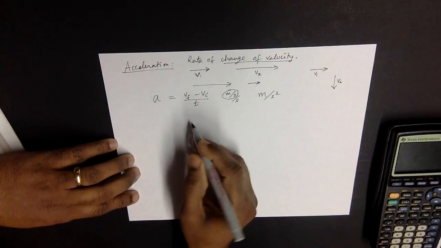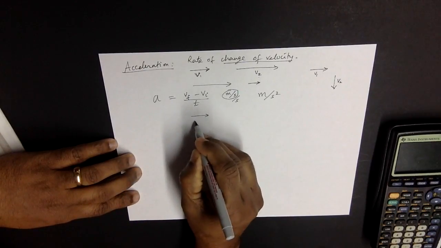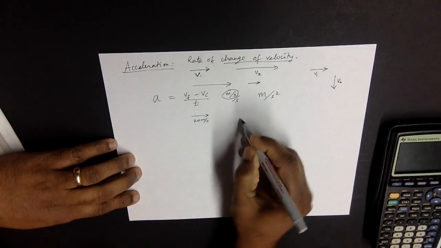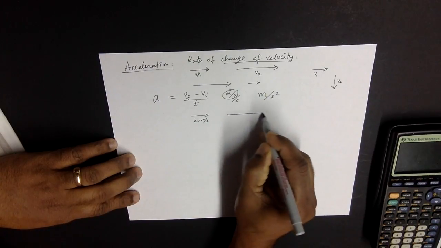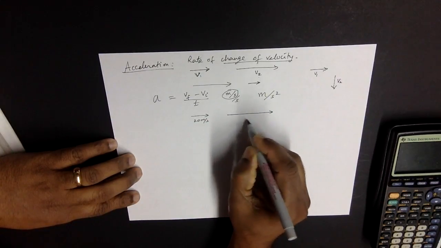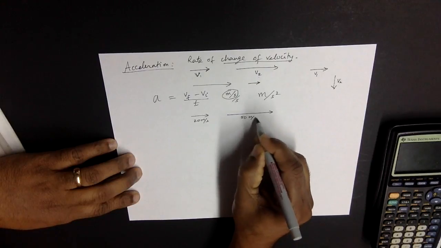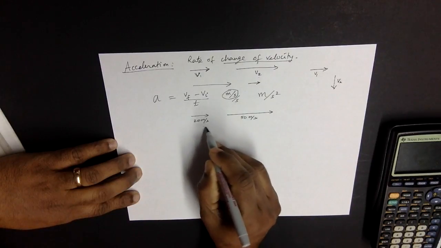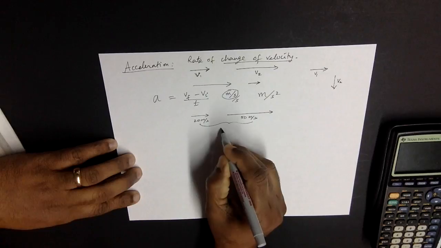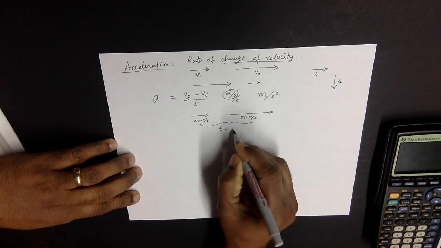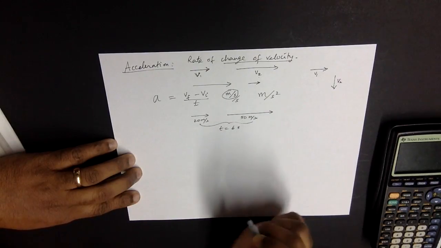So for example, if something was going at 20 meters per second, and then you accelerate it and make it go at 50 meters per second, and it took a time t of, let's say, 6 seconds to do this.